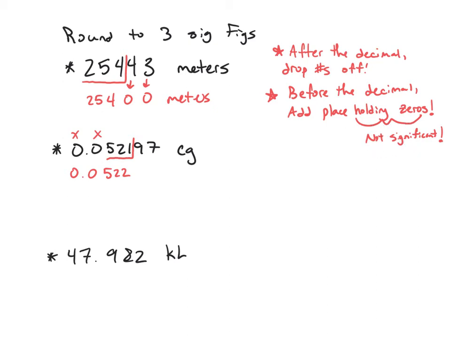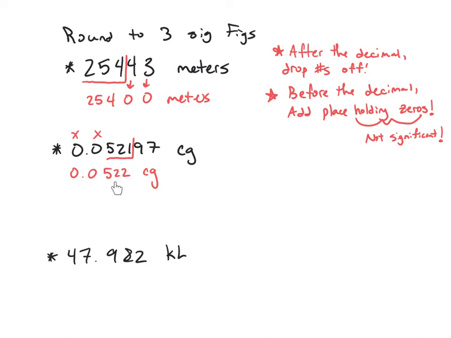So in a number that's really, really small, like this, the zeros at the beginning don't count as significant, so don't use them to determine your 3 or 4 or 5 significant figures, whatever the directions say. Only begin counting your significant figures at the first significant figure. 5 is the first, then 2, followed by a 1. Now I've got a number that has 3 significant figures and represents the original value rounded off.